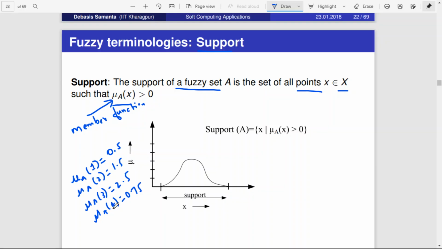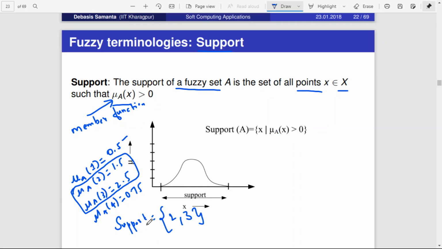Now for these 4 values of x, only for two of them it is greater than 0, the remaining are not. So the set of all points x for which the membership value is greater than 0 comes under support. In this case it is only 2 and 3. So this is how support is defined.